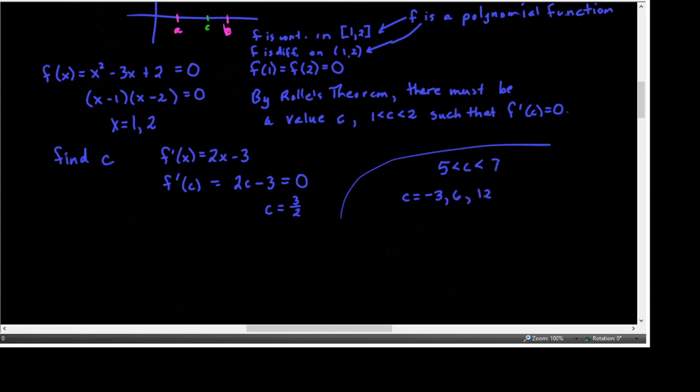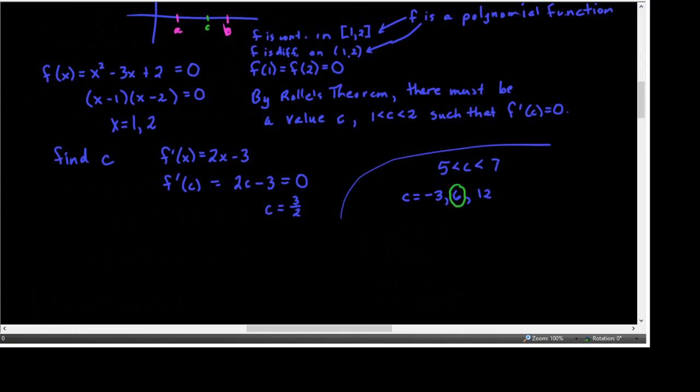Well, which one of those is actually the one that we've been guaranteed will exist? Although the other ones are true too, but which one is guaranteed? It's the one that's between 5 and 7 that we're looking for. So although you may solve for C and get lots of answers, you're only going to keep the one or ones, because it may happen multiple times, the one or ones that fall between A and B. Here are the 5 and 7. So just saying, in case that happens, you'll know that you're looking for all answers between A and B, and any others that you find, you just ignore them for the answer.